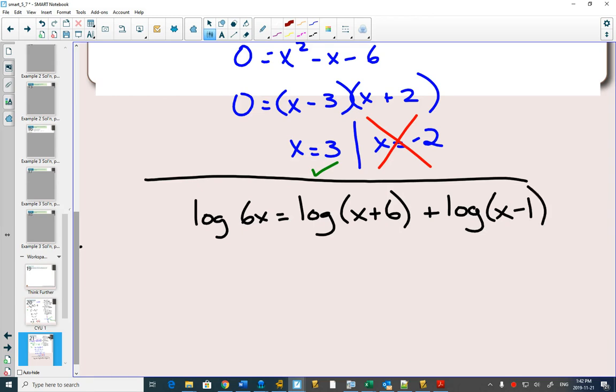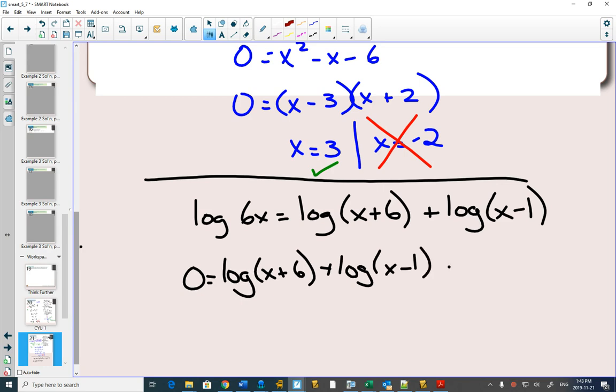Some students don't like to use the shortcut. In combining the logs, they say, the only way I can combine logs is if all the logs are on the same side. So the very first thing the student might do is say, I'm going to move the log 6x to the other side.